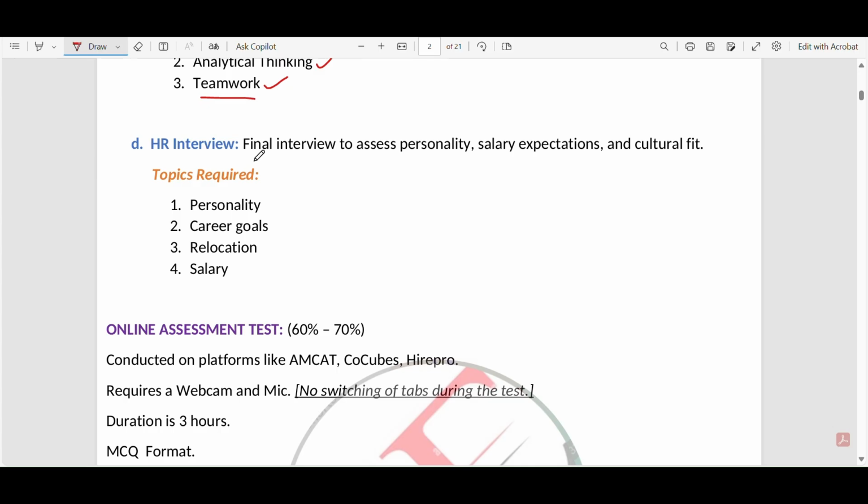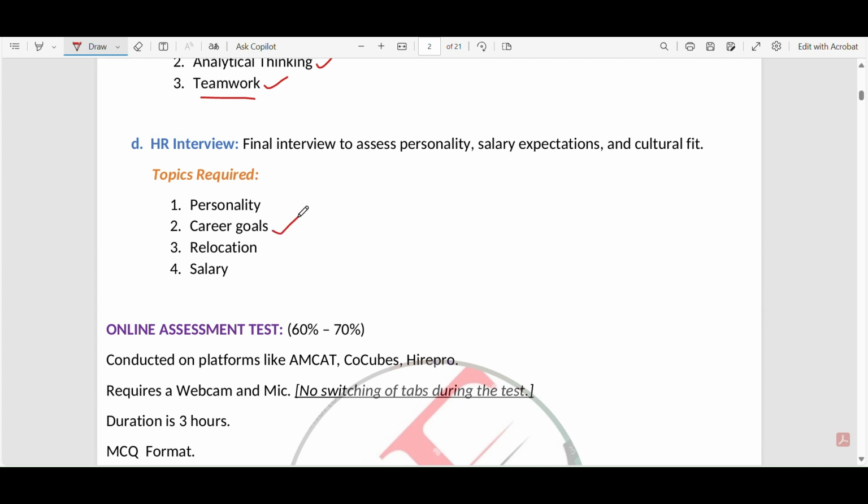The HR interview is nothing but they will be asking about your personality. First they will start with the introduction, and next they will ask some personality-related questions, give you some problem and ask how you would solve it.